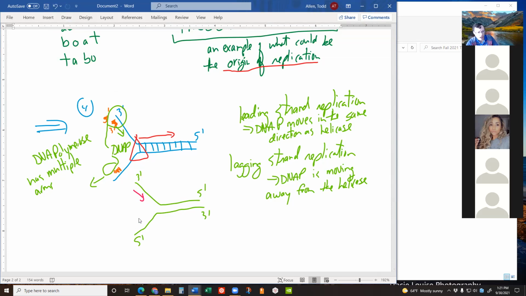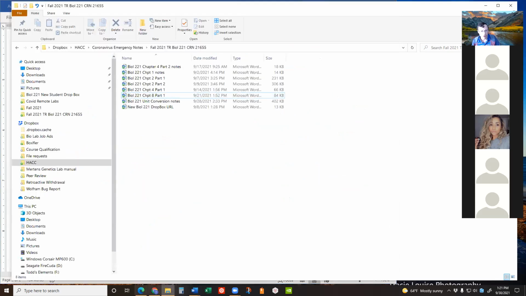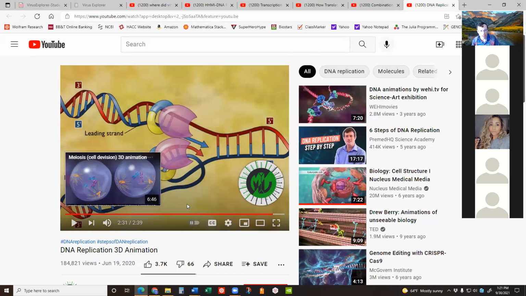DNA polymerase on the bottom strand cannot naturally move in the same direction because its template is in the opposite direction. So what the enzyme will do is take the DNA template and form a little loop with it, which is what you're seeing in the video here. That's that little loop. It will form a little loop so that the enzyme can actually momentarily move in the same direction to copy the DNA. That is a characteristic, Elena, of lagging strand DNA replication.